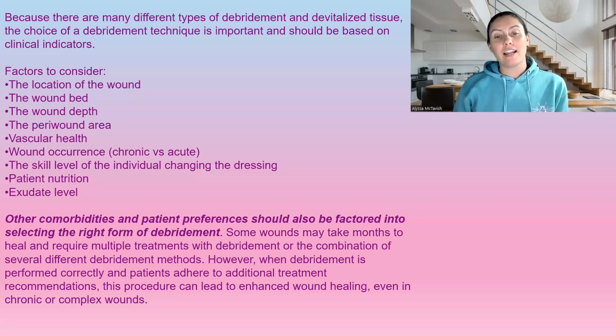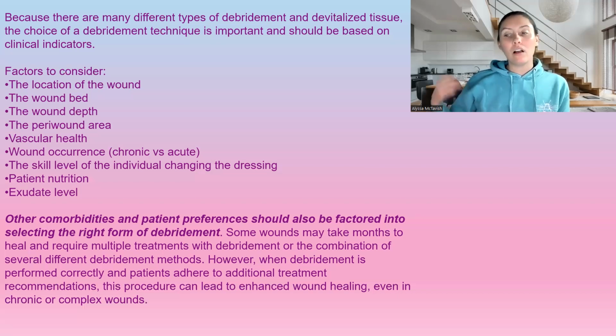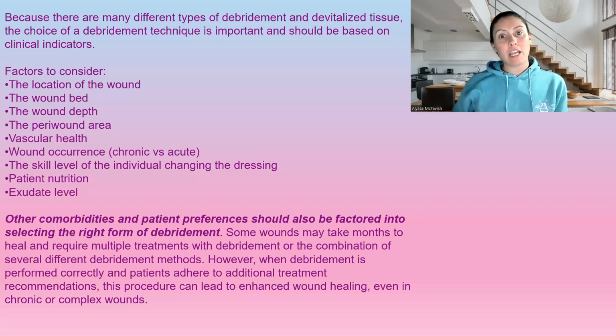Patient nutrition, exudate level, how much drainage is coming out of that wound. So all these need to be factored in when we're choosing a debridement method. We also have to factor in other comorbidities and the opinion of the patient. What do they think? What are their thoughts on the debridement method? They do have to be able to have a choice too.